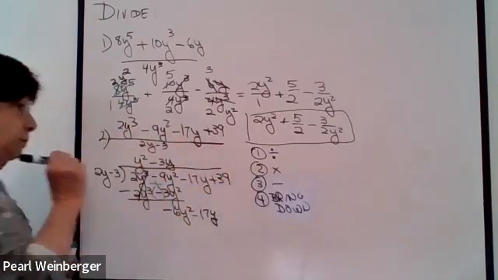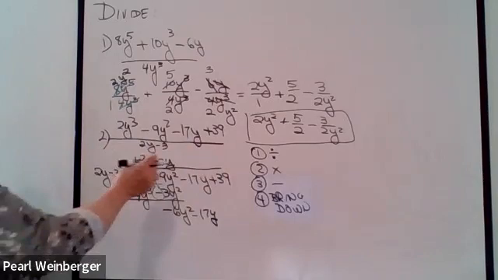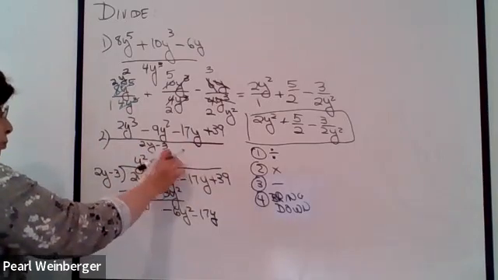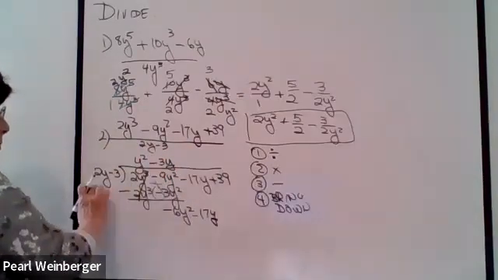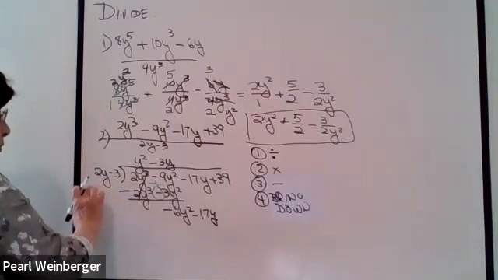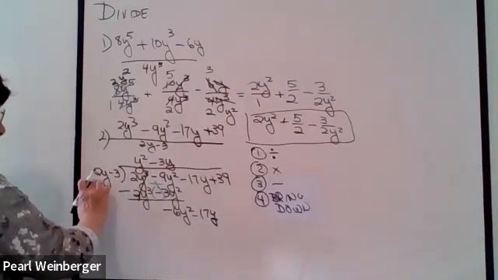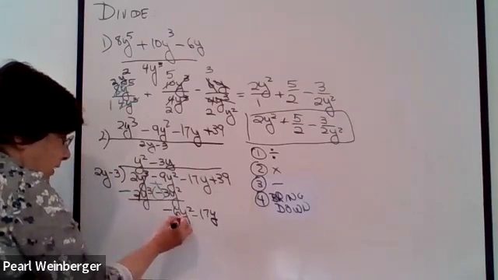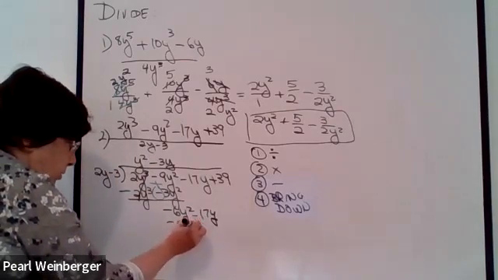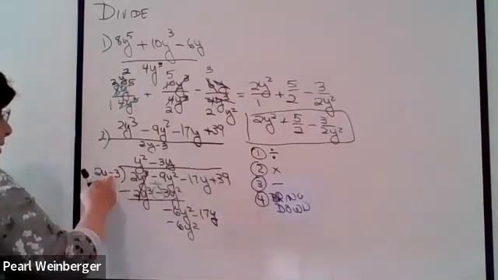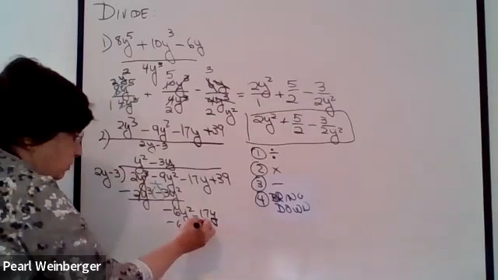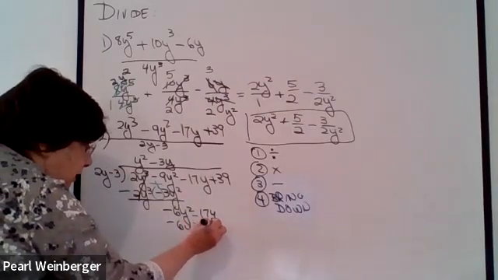So now I'm at step 2. I take what I just put on top, which is the -3y, and multiply the binomial by that. So -3y times 2y is -6y squared. And -3y times -3 gives me plus 9y.